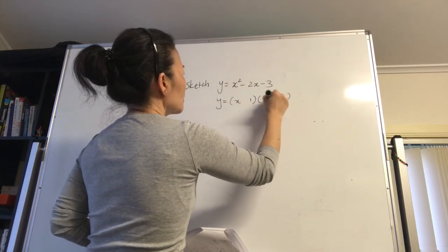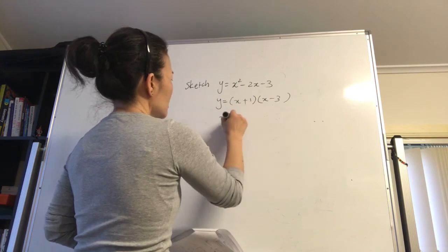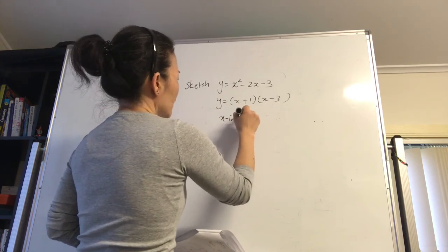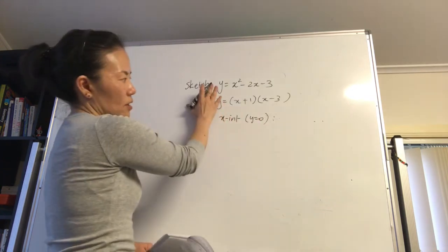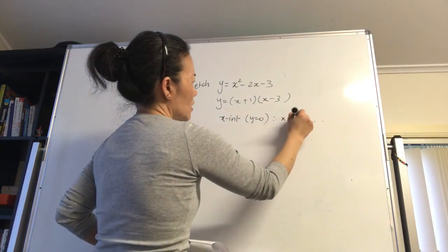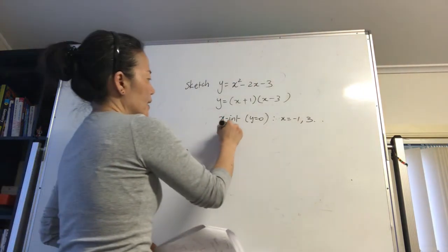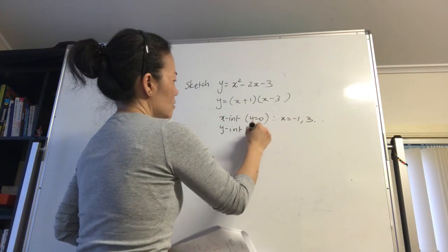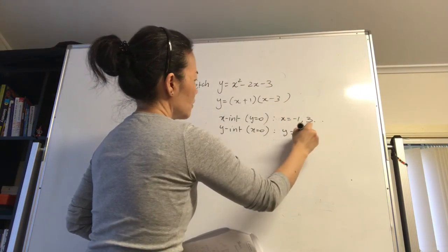The x-intercept will be when y equals 0. When y equals 0, I get x equals minus 1 and 3. Okay, that's not bad. The y-intercept is when x equals 0. When x equals 0, my y is minus 3.